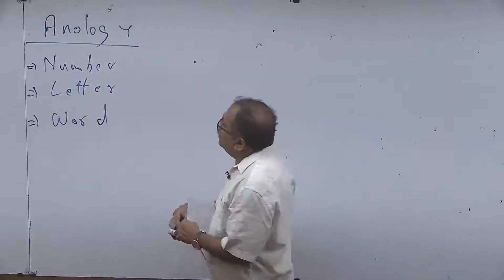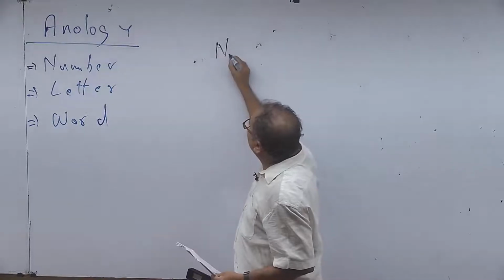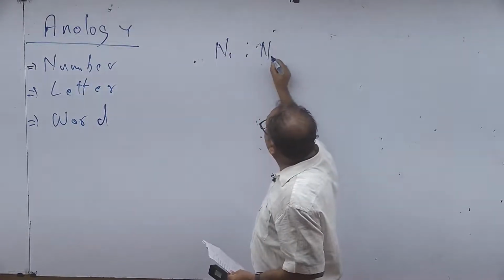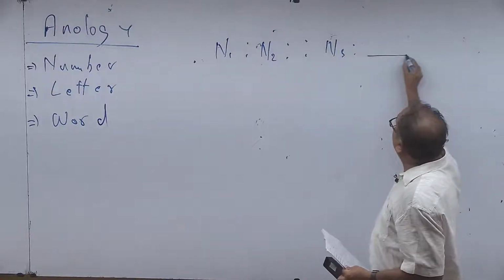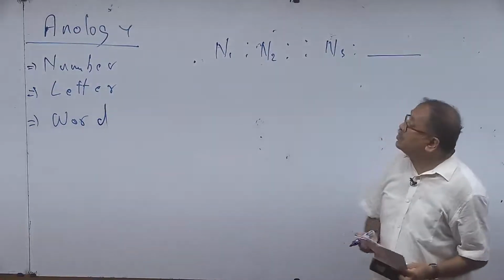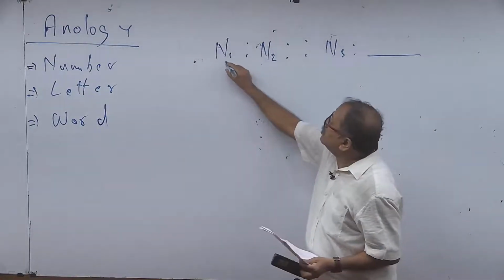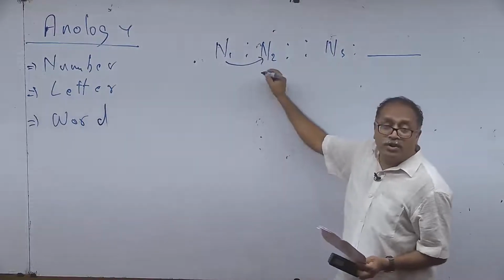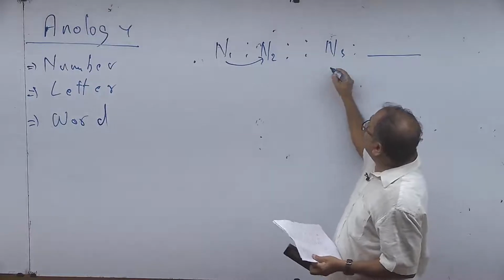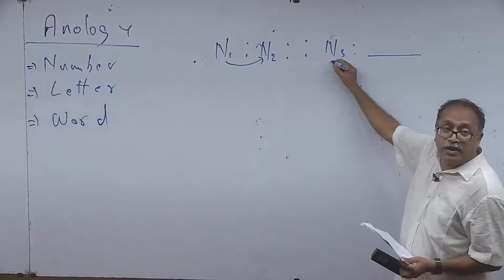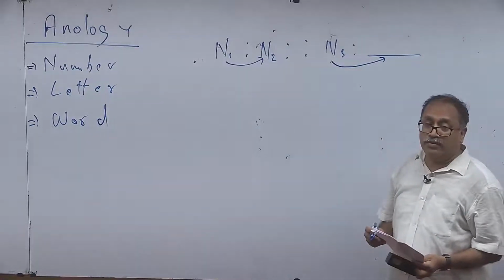Now, in case of number, let's consider that we have n1 is to n2 and here we have n3 and we have a dash here. You will find that there is a certain relation between number 1 and number 2. You need to identify that relation between these two, and then based on the same, provide the similar relation to n3 in order to get n4.